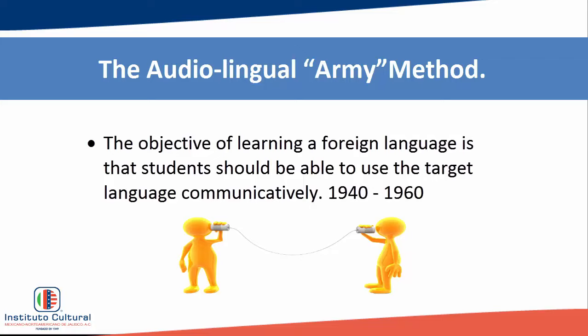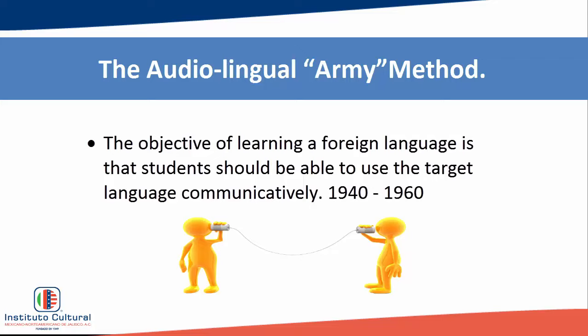Students should learn to respond to verbal and nonverbal stimuli. Pattern practice helps students to form habits which enable students to use the patterns. Students should overlearn, that is, learn to answer automatically without stopping to think. The major objective of language teaching should be for students to acquire the structural patterns, then vocabulary.